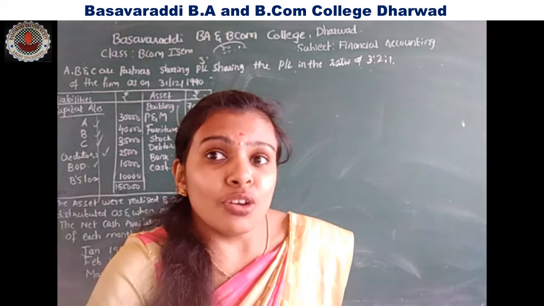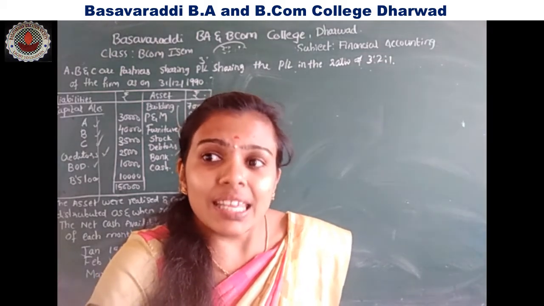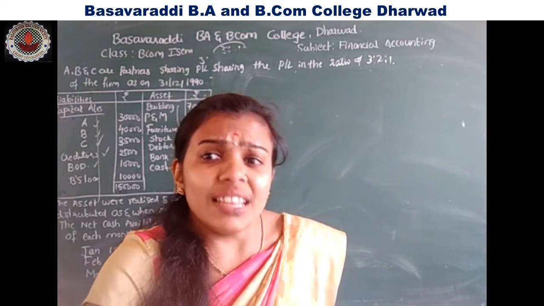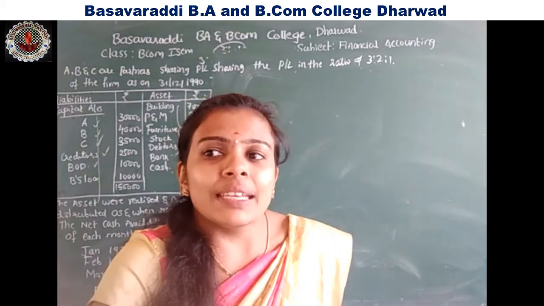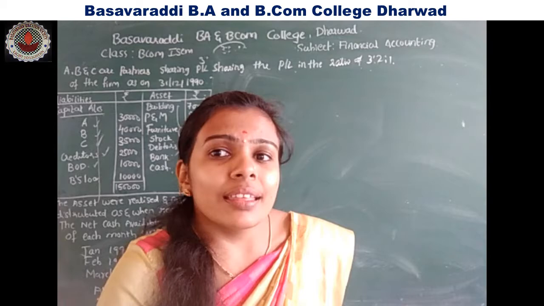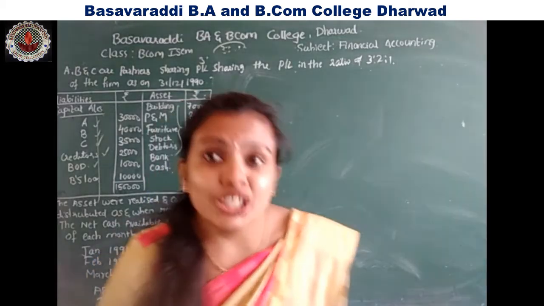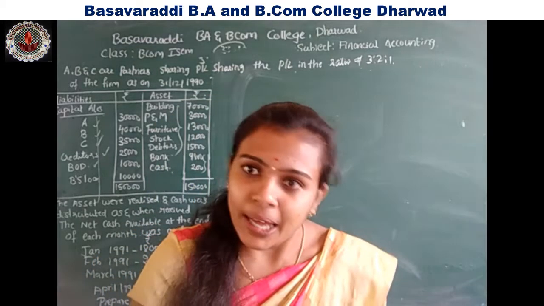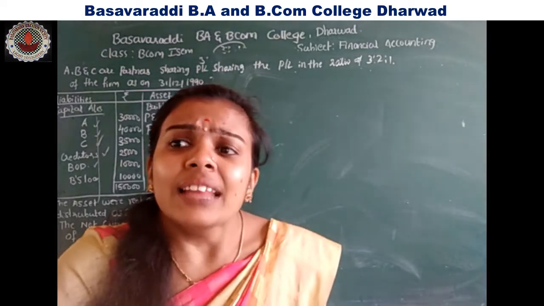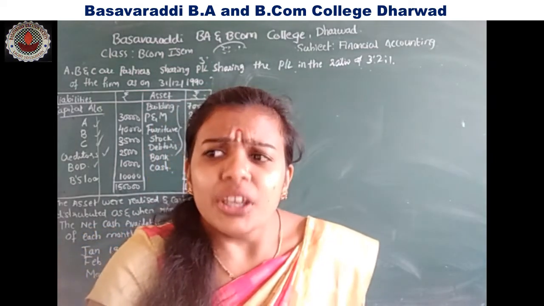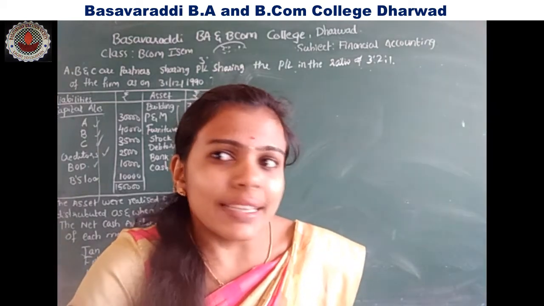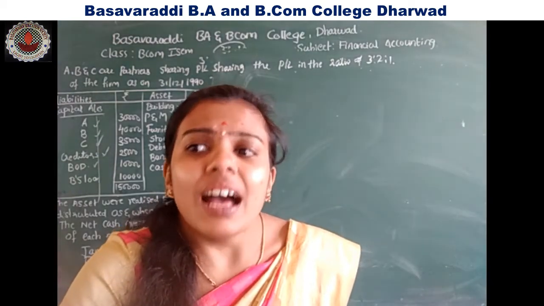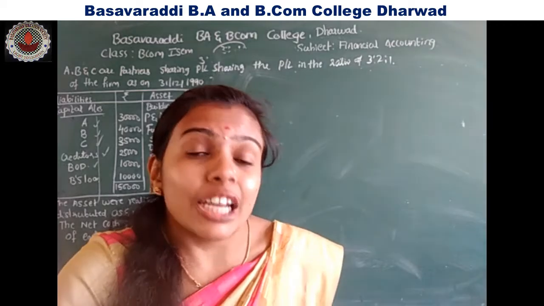The assumption is that realization of all the assets and payment of all the liabilities happen on the date of dissolution. Such assumptions are unrealistic, because in actual practice the assets are realized gradually.